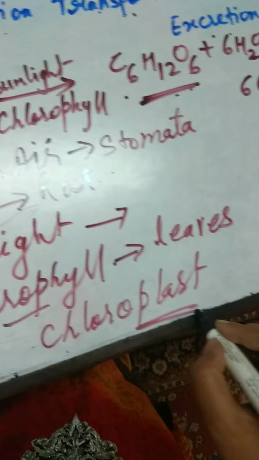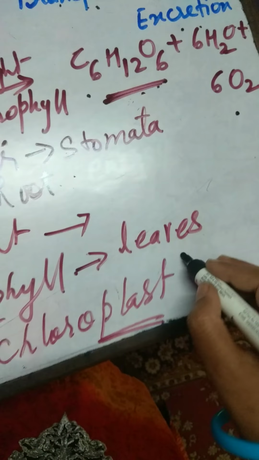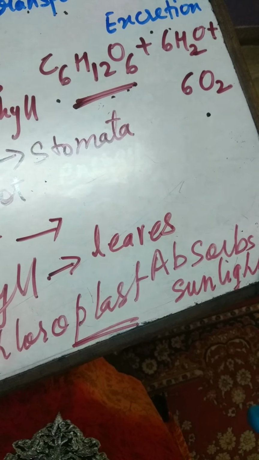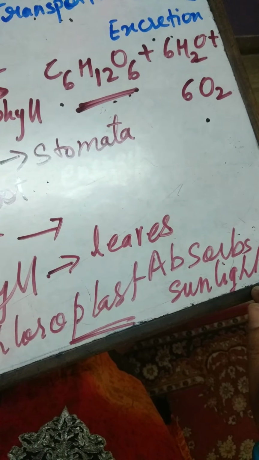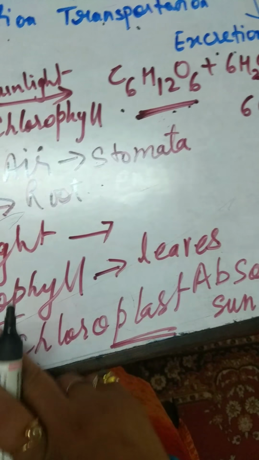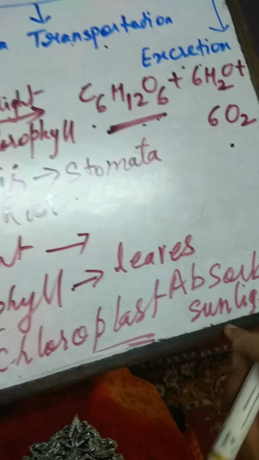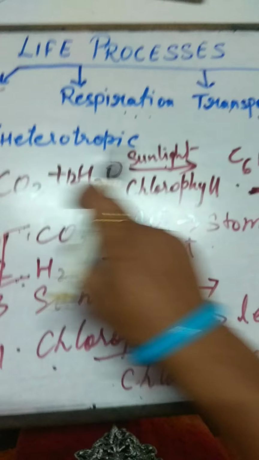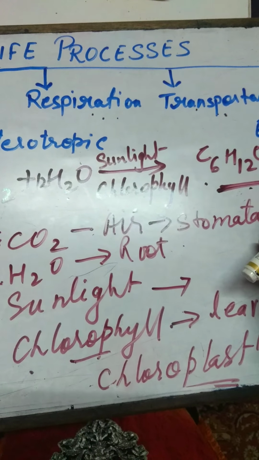What is the function of this? It absorbs sunlight. This is the main function, without which photosynthesis will not start. So, chloroplast absorbs sunlight. After that only, the whole process of photosynthesis takes place.